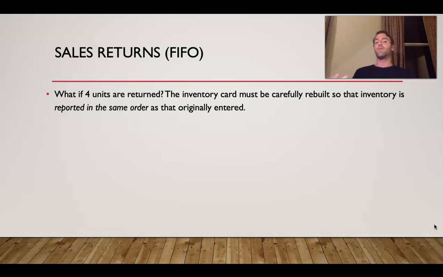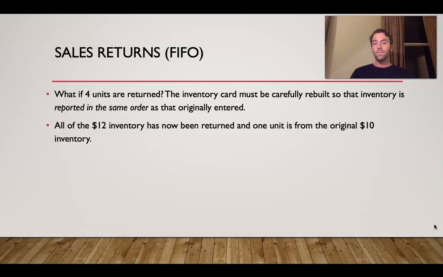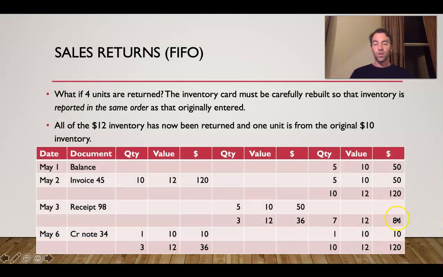What if 4 units are returned? It becomes a bit more complicated. We still use the principle that the most recently sold are the ones that have been returned. That's our principle that we have to apply. So the first ones we assume were sold were the ones that were $12.